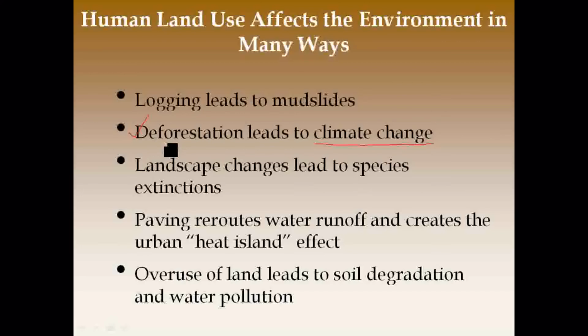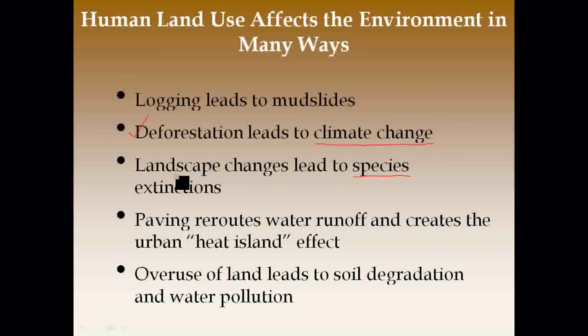Landscape changes can lead to species extinctions. And not just that, I can think of another species issue that's associated with human activities on land, and that is the opportunity for exotic species to enter a location where they don't really belong.